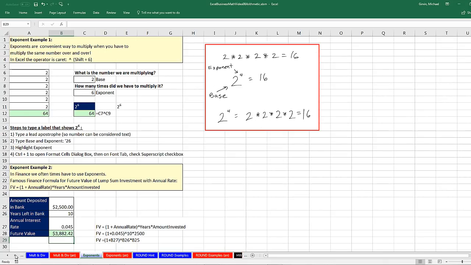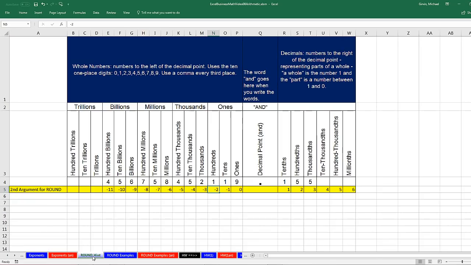So I'm going to use my scroll arrow and scroll over to the sheet Round Hint. Now, these are all of the positions and the names for any number we might encounter. Right here in yellow, these are the numbers we enter into the second argument of ROUND. So for our penny or hundredths position, we put a 2. If we had to round to the thousandths, we'd put a 3.